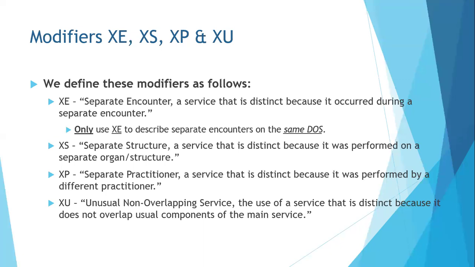So it might still be on the heart, but it doesn't include any of the things they have to do for the other surgery procedure they're doing on the heart. So if they're overlapping, meaning they have to do some of the same components to get the second service, it doesn't count. Okay. Do we have any questions on the X modifiers before we move forward? We're going to be talking more about 59 as well, but specifically about what they mean and how they can be used.